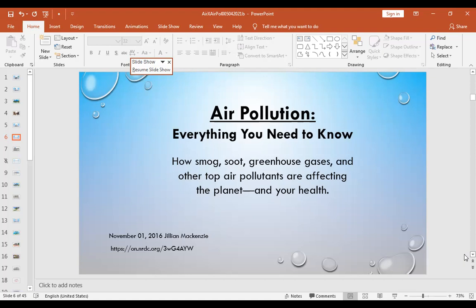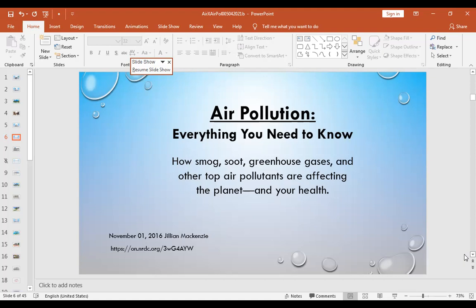And there is an article there by Miss Gillian McKenzie, which I found very informative to help us understand everything one needs to know about air pollution, how smog and all the other pollutants come about, and how it affects our environment and our health.